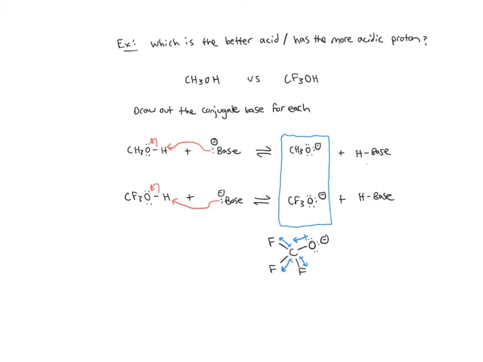And so that's going to be our more stable conjugate base. It's stabilized through induction by those electronegative fluorine atoms in this case. Therefore, CF3OH, its corresponding acid, is the stronger acid.